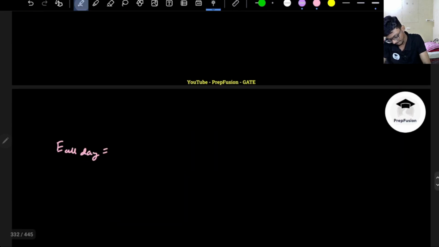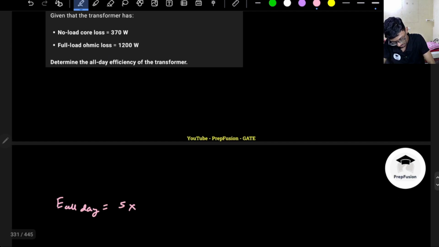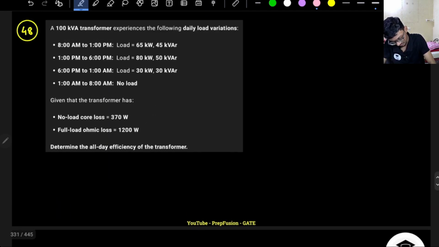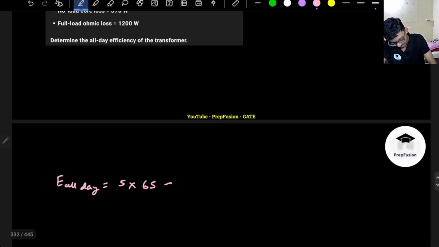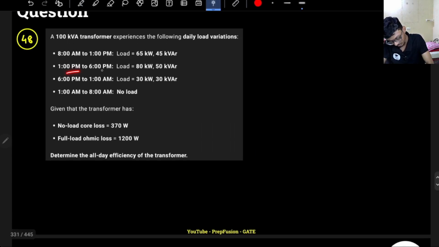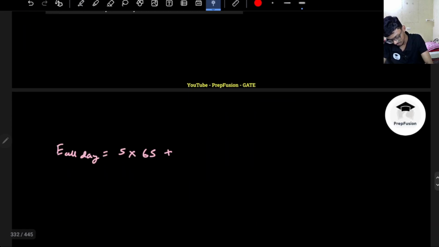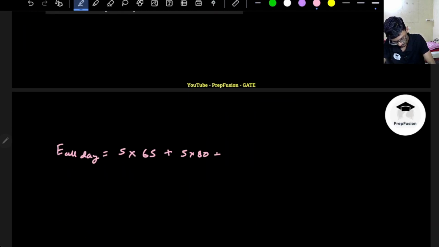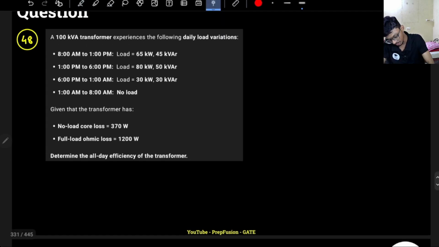So it will be 5 hours into the load, that is 65 kilowatts. Then for the next 5 hours, from 1 p.m. to 6 p.m., the load is 80 kilowatts. So it will be 5 hours into 80 kilowatts, plus when the load is from 6 p.m. to 1 a.m., so again it is not 5 hours this time, it is another 7 hours.